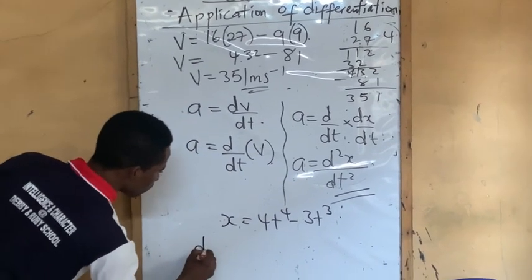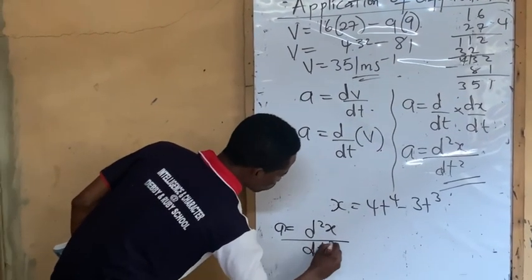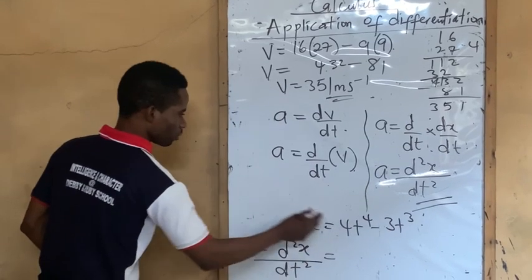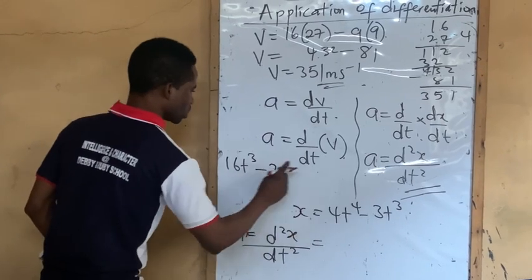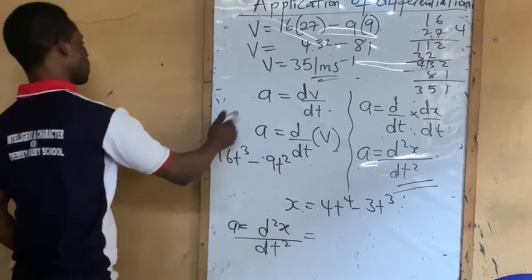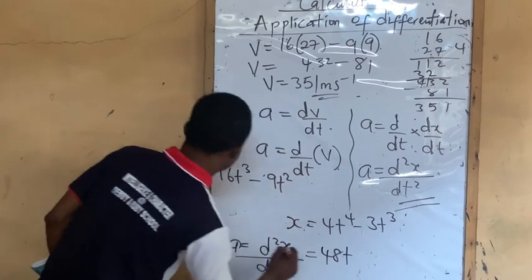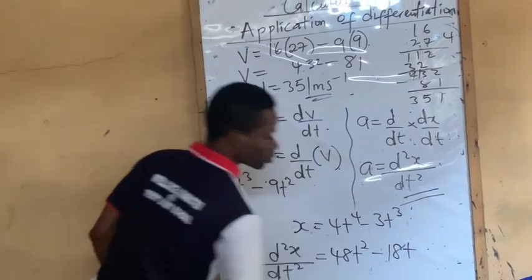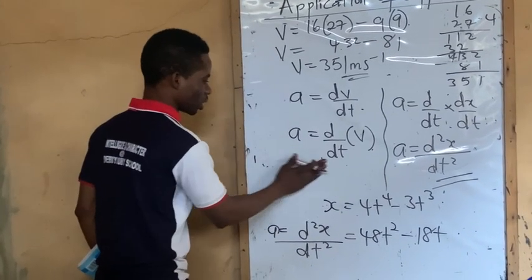That means the acceleration equals d squared x over dt squared. When I first differentiate it, I got 16t cubed minus 3 times 3, 9t squared. If I differentiate it again, 3 times 16 is 48t squared minus 18t. Because they give me x, I need to differentiate it 2 times to get the acceleration.